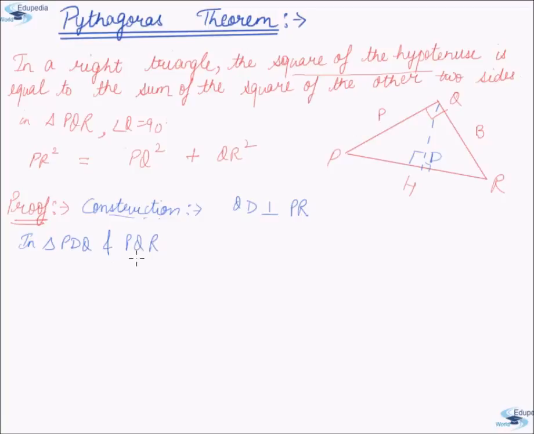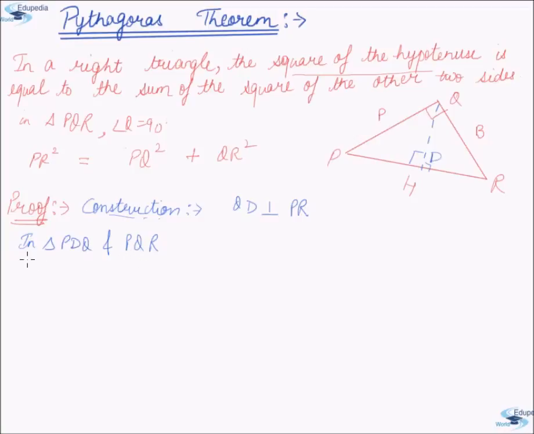We have taken the order of PQR in this form because P is the vertex common to both and the angle P is same, and D is 90 degrees whereas Q is 90 degrees. So D will be corresponding to Q.